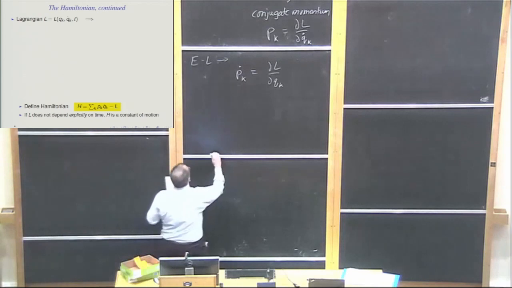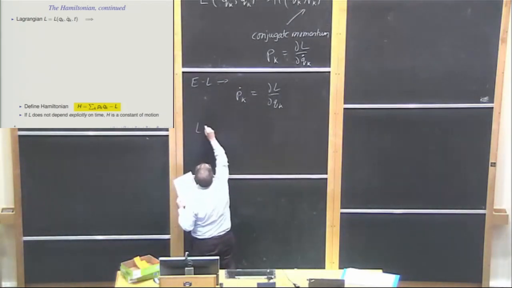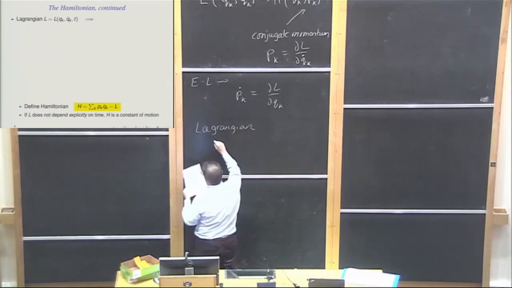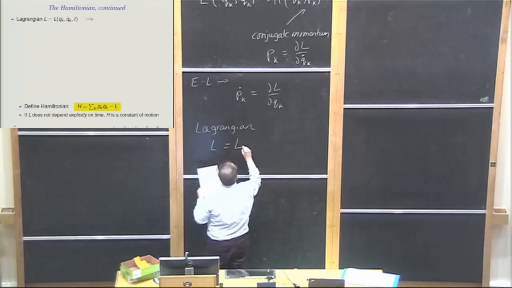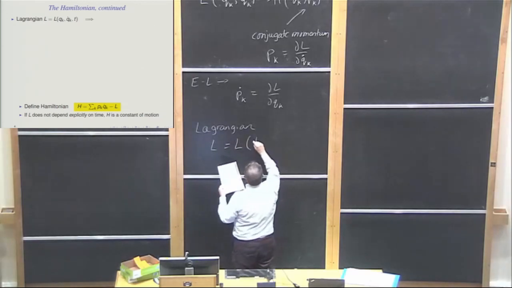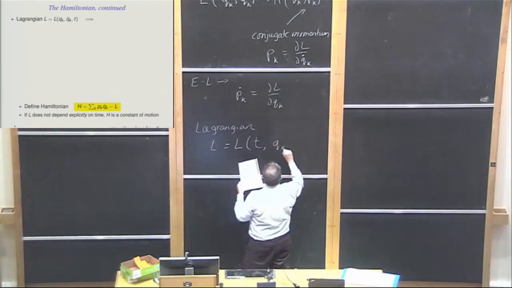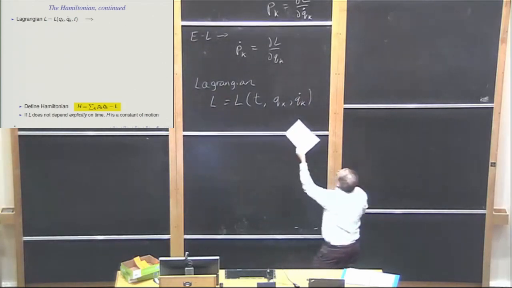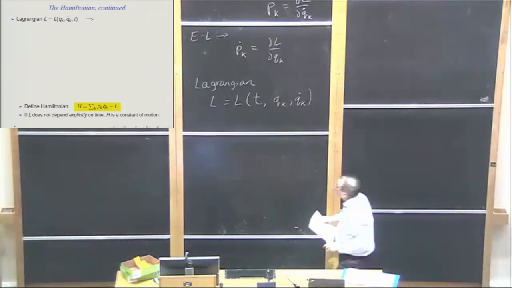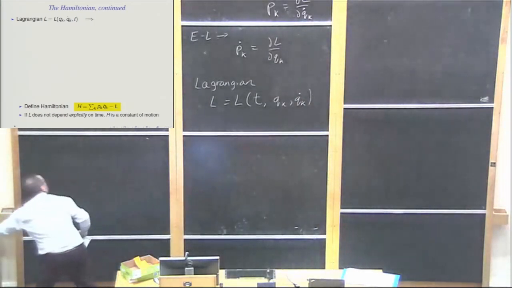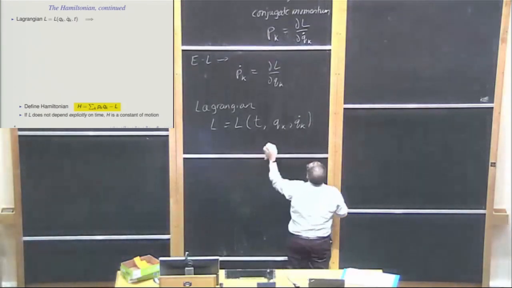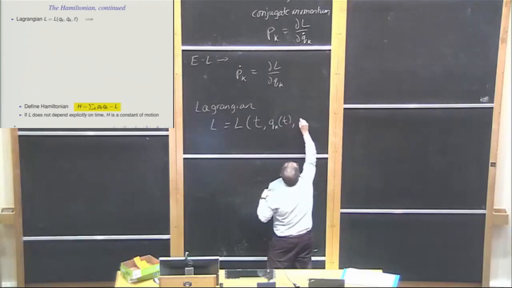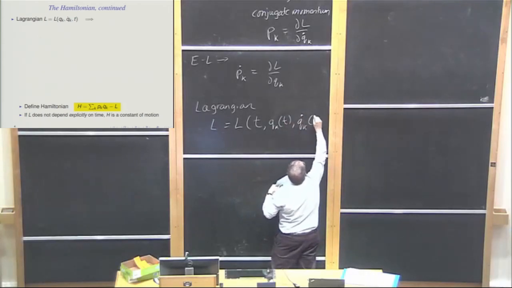So in general, the Lagrangian is a function of t, qk, and qk dot. Let me modify this ever so slightly: qk can be a function of t, and qk dot can be a function of t.